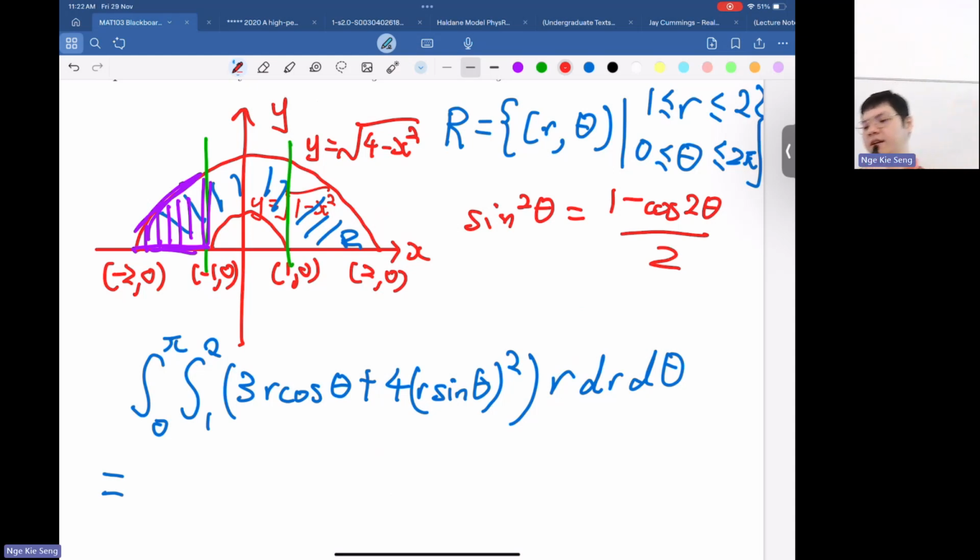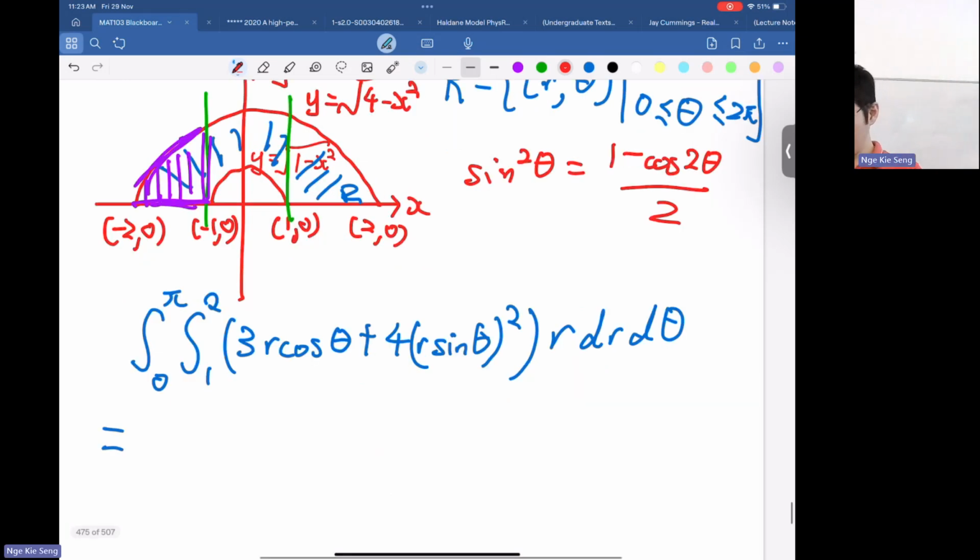You should notice that this function in r and theta can separate, right? So you can do the two integrations at the same time. You know what I mean?